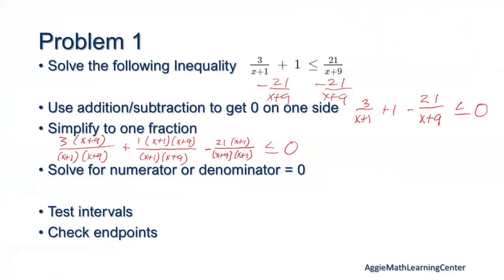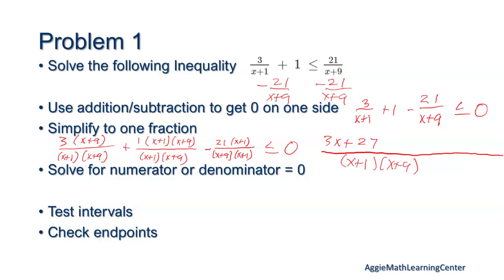So now that we have a common denominator, we can combine them together into one fraction. I guess we can multiply this out. So this first term will become 3x plus 27, and I'm just going to put this all over the x plus 1 x plus 9 already.